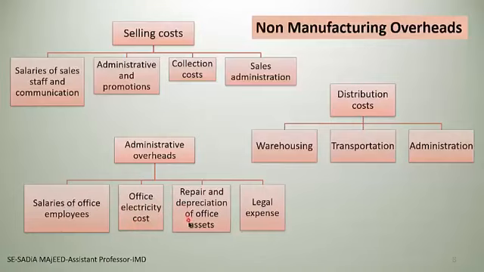Repair and depreciation of the office assets, the machinery used in the offices like computers, printers, photostat machines, etc., would come under the administrative overheads, and so would the legal expenses. These are the administrative overheads, and administrative overheads come under the non-manufacturing overheads.